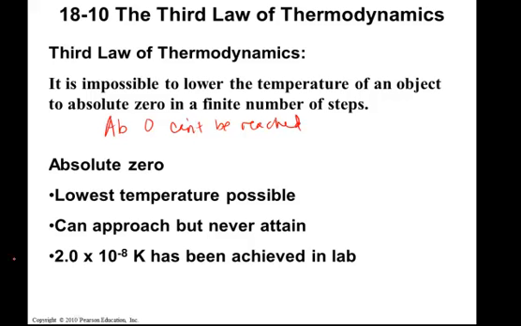Another way to say it is that absolute zero is the lowest temperature that's possible, which is 0 Kelvin. We can approach it, but we can't ever get there. We can get close, and 2 times 10 to the minus 8th Kelvin has been achieved in a lab. So we can get close, but we can't ever get to absolute zero. And that is the end of chapter 18.